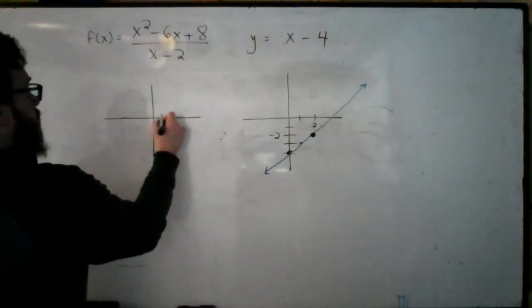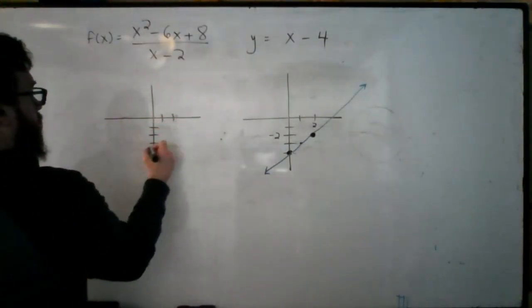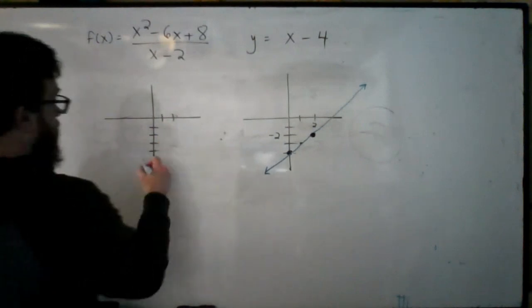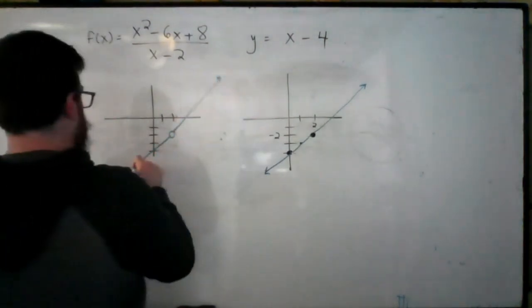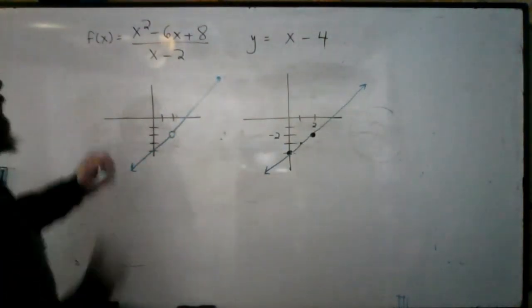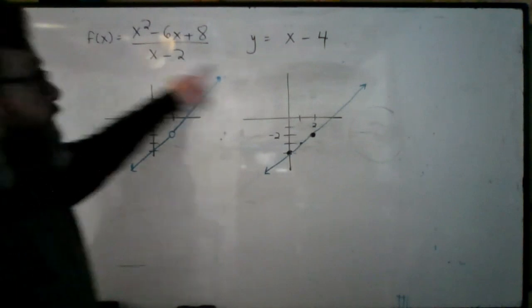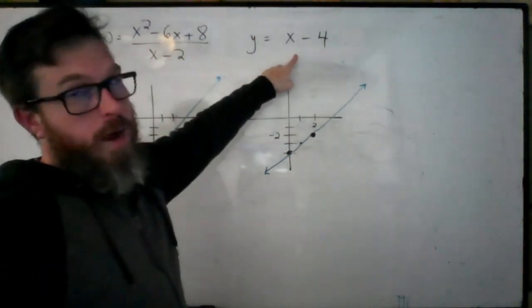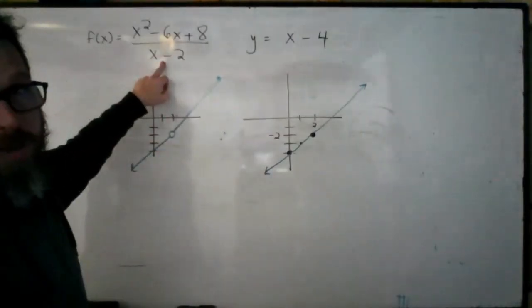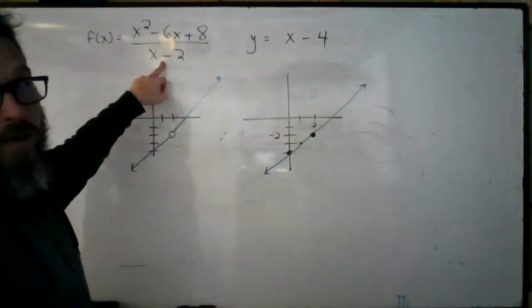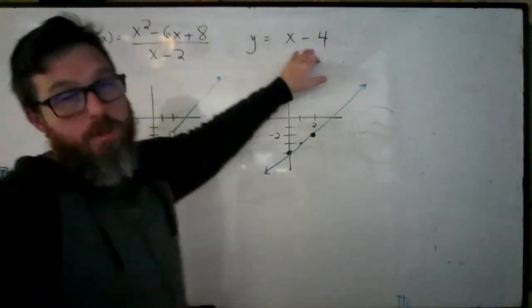Now for this function, it looks almost identical, except this function will be undefined at 2. So the evaluation of this function and the evaluation of this function will be identical for every single x value, except for the x value of x equals 2. Because here it'll be indeterminate, or if you want to say undefined, and here it'll be equal to negative 2.